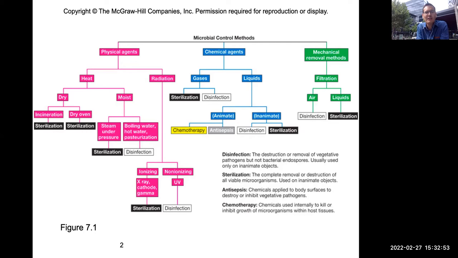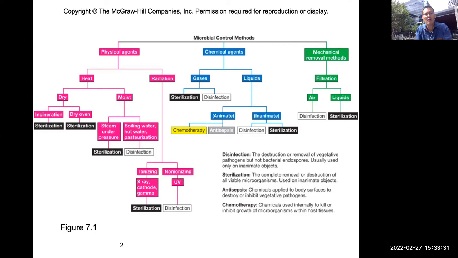What isn't included here is biocontrol, biological control methods, which is a much newer concept, and certainly one that's not actively practiced, at least in a commercial setting. Here I'm particularly talking about bacteriophage biocontrol, so phage biocontrol, which are specific for a particular bacterium.